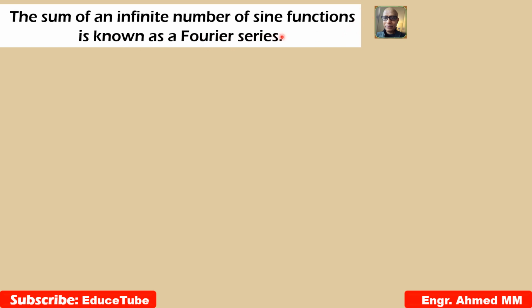It is known as a Fourier series. Basically, a Fourier series changes a periodic function, what we have discussed in the previous two slides about periodic functions, into an infinite expansion of a function in terms of sine and cos.